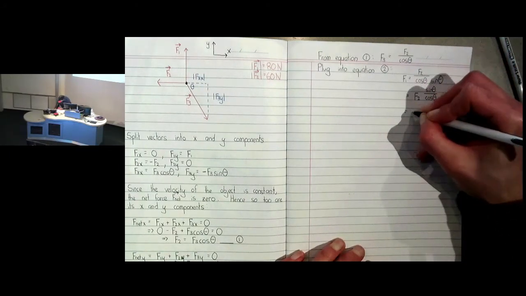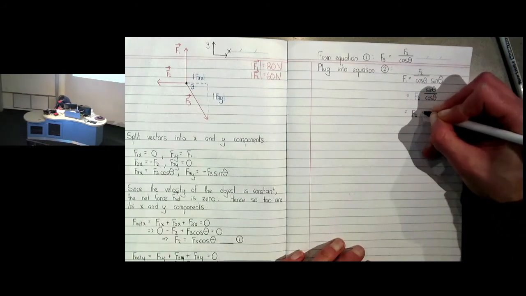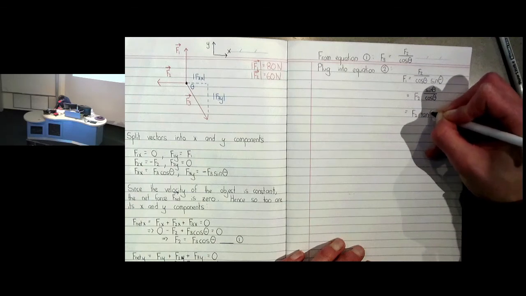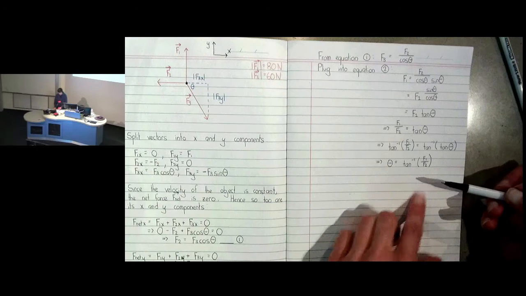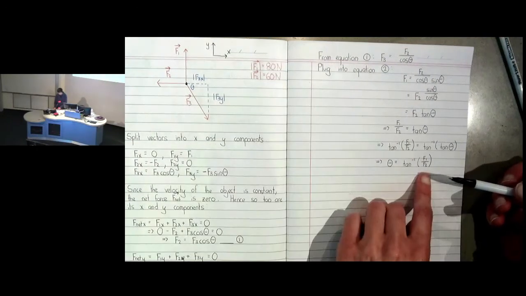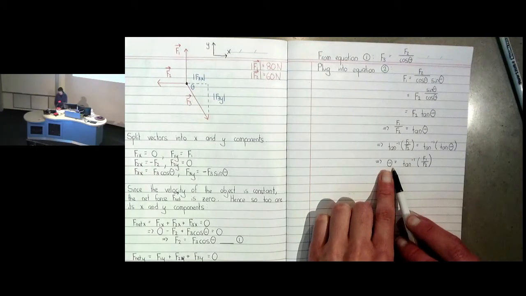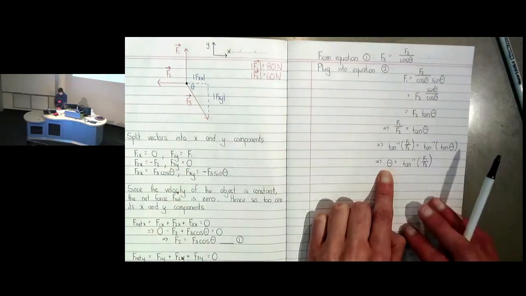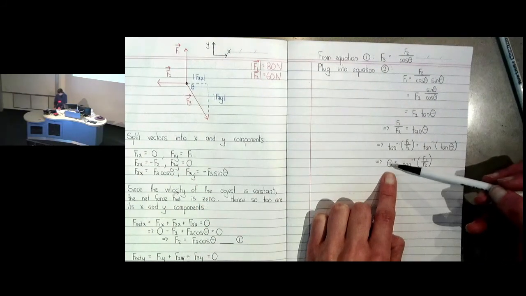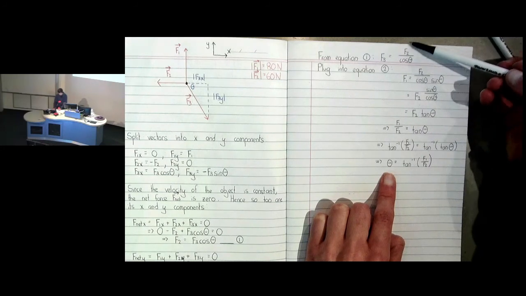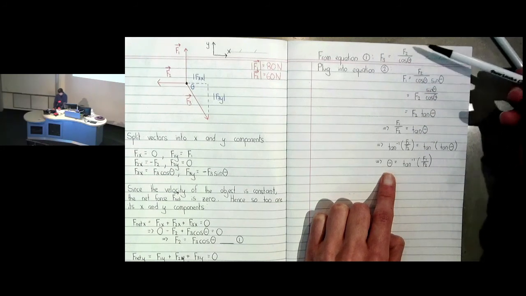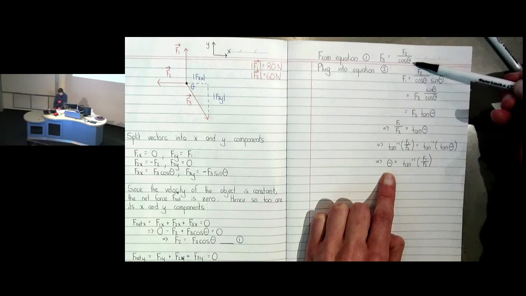And once we've got just one theta, we should be able to solve for theta. So we know what F1 and F2 are, so we could just take these two numbers, plug them in here and figure out what the angle is, to figure out what direction F3 is pointing in. Once we've got that, we can take that angle and plug it back up into this equation here. So we just take F2, that 60, and divide it by cos of this angle.